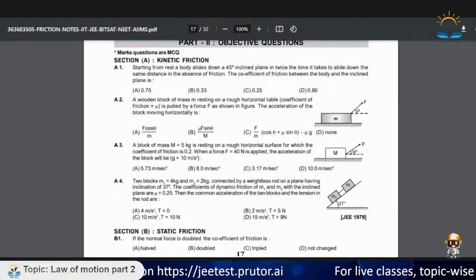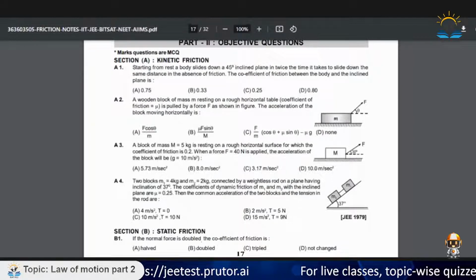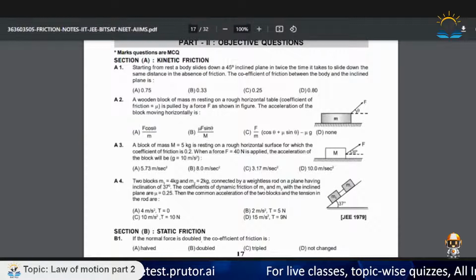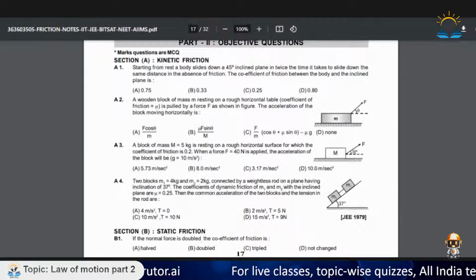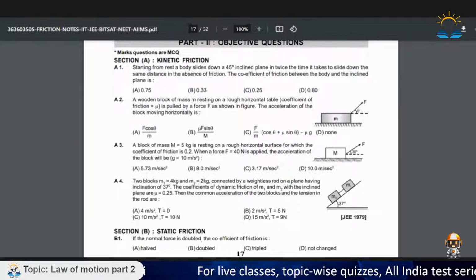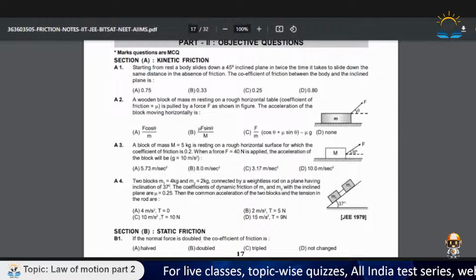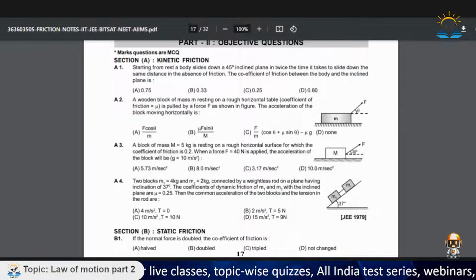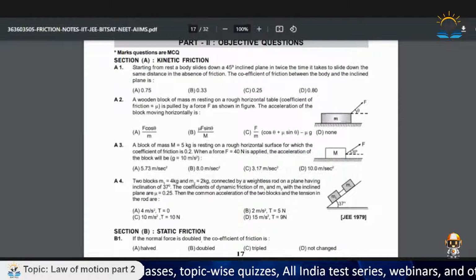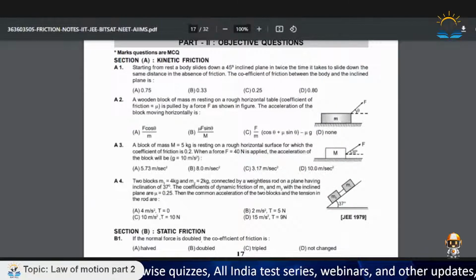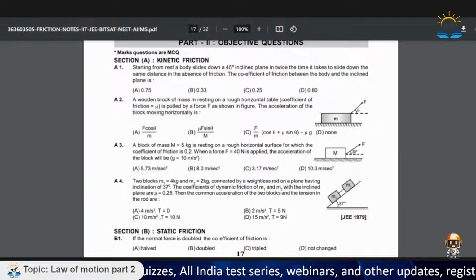So what it says is, starting from rest, a body slides down a 45 degree inclined plane in twice the time it takes to slide down the same distance in the absence of friction. So let us say when there is some friction, the time it takes is 2t, and when there is no friction it takes time t.